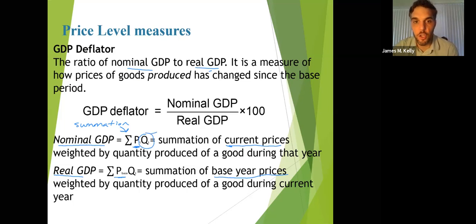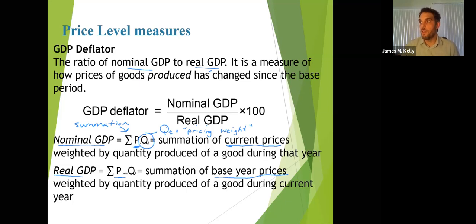Think of this Q_t, this quantity of goods being produced, as a pricing weight, with the idea being that the more of something you produce, the larger weight it will have in affecting the overall price level.